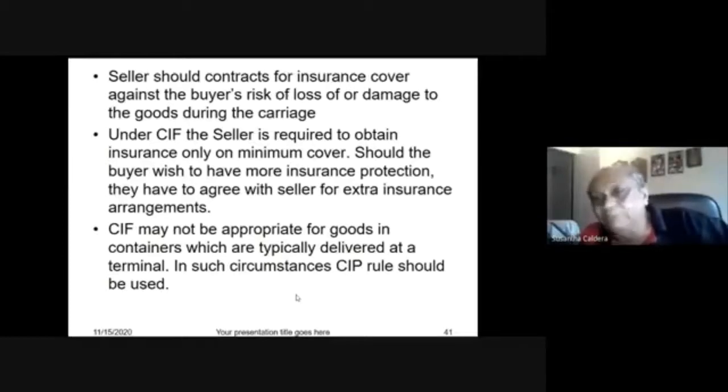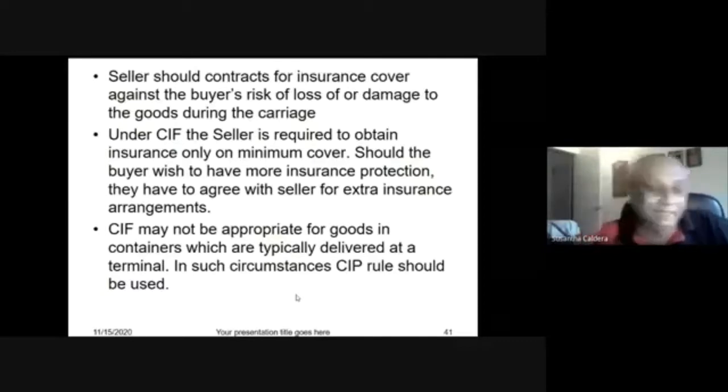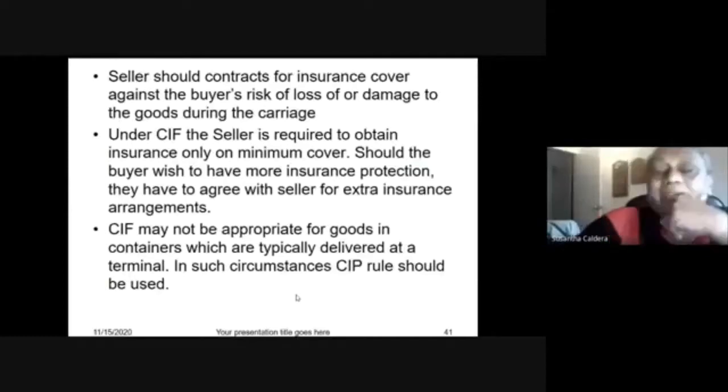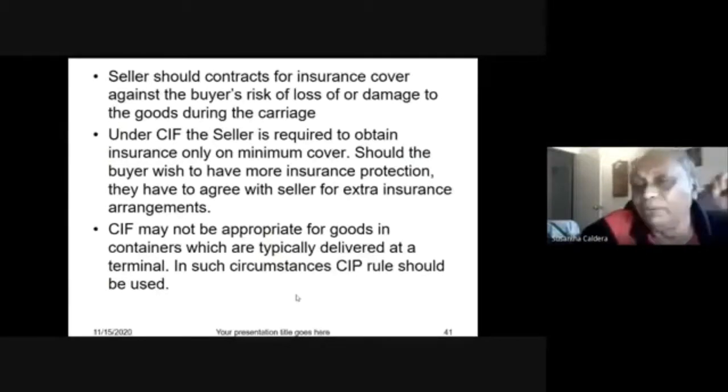C has minimum risk covered. The minimum risk cover has less premium. Within the CIF price, the exporter can cover minimum risks and give a lower price. We run after the lower price, but we must check how the insurance is. Right?